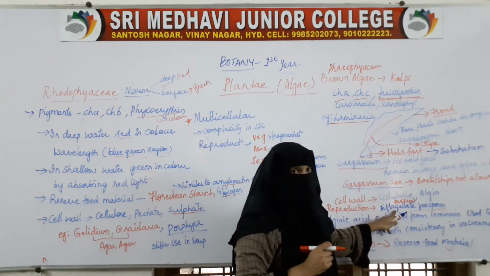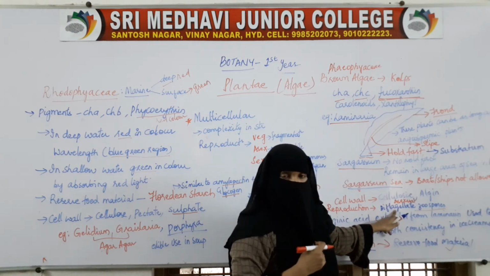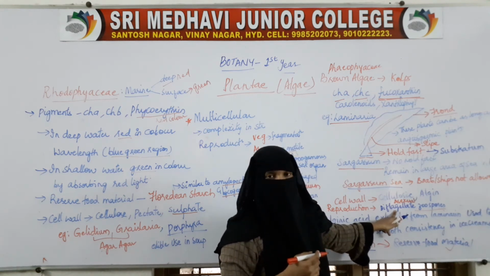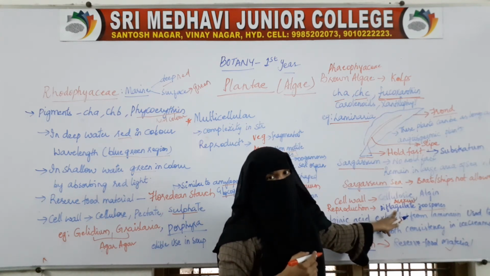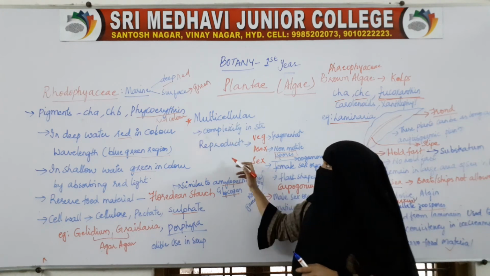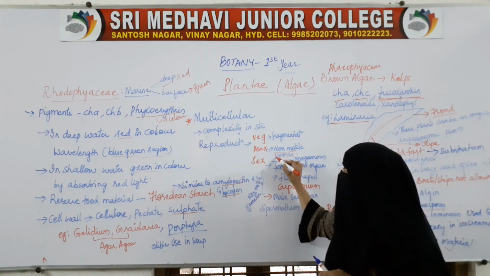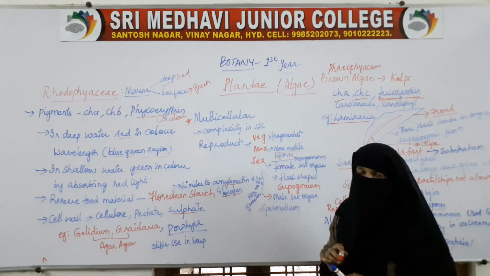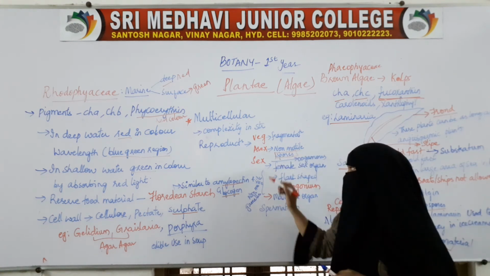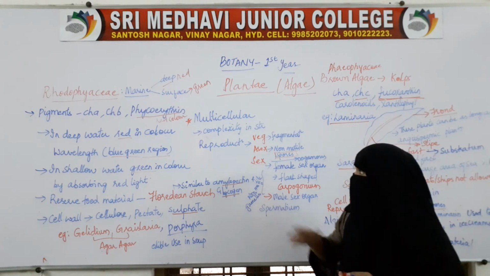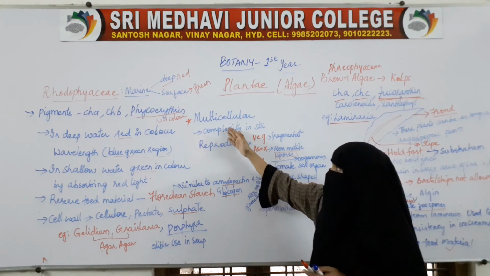So, these are motile spores. Here in Rhodophyceae, asexual reproduction is by non-motile spores.